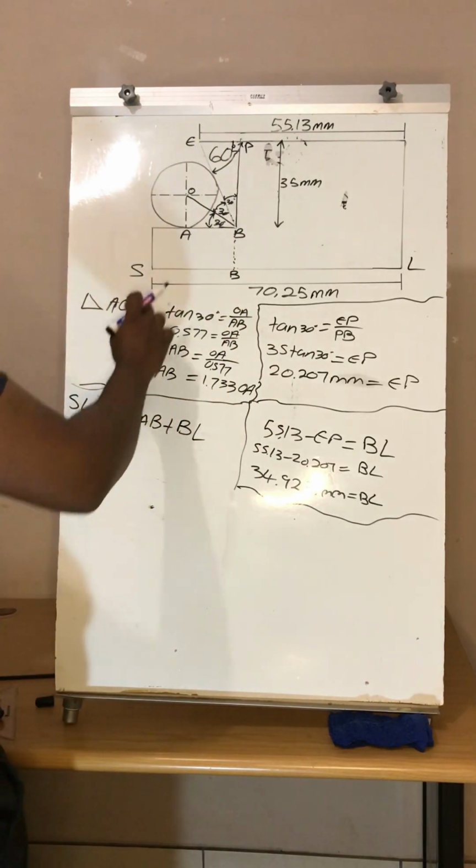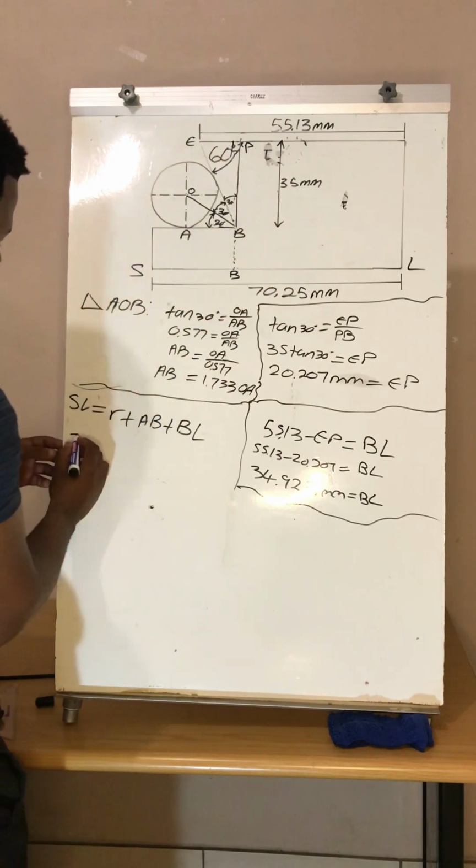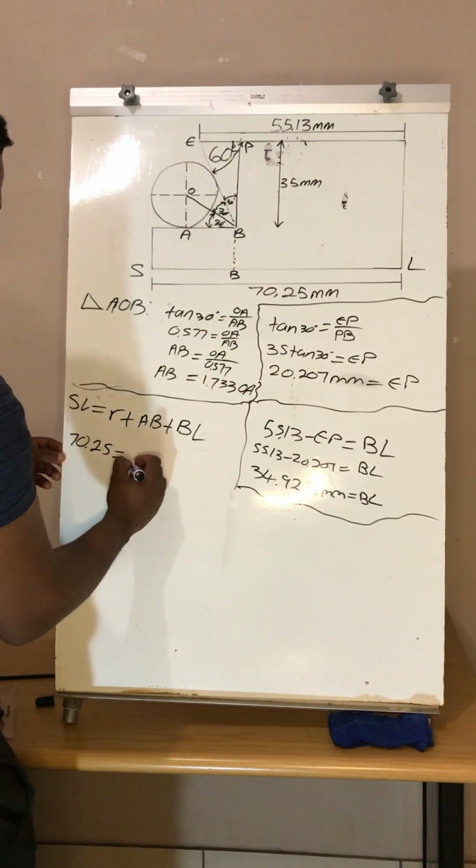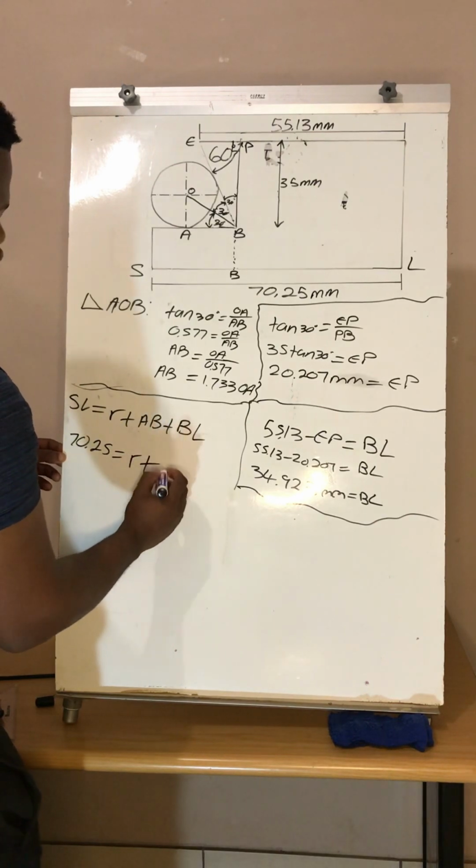Since we have SL as 70.25, the radius we don't have, that's what we're looking for.